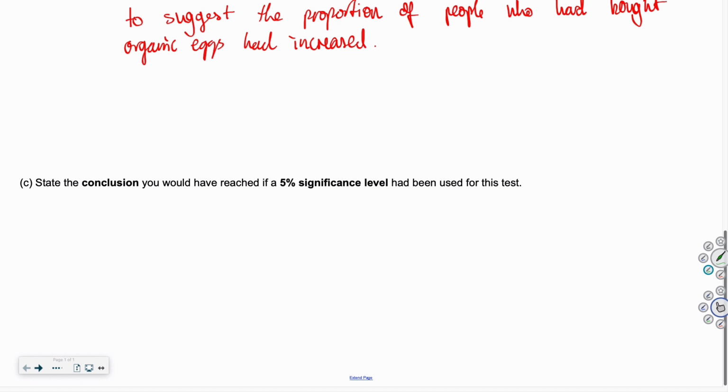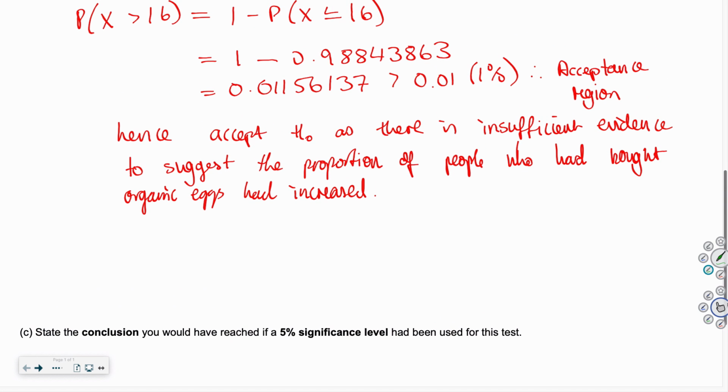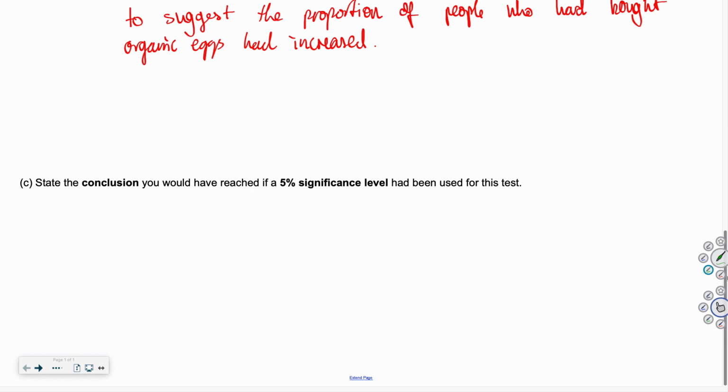Looking at part C, it says state the conclusion you would have reached if a 5% significance level had been used for the test. So don't carry out the test again. Let's just have a look at this probability. If we rewrite that probability, that's 0.01156137.